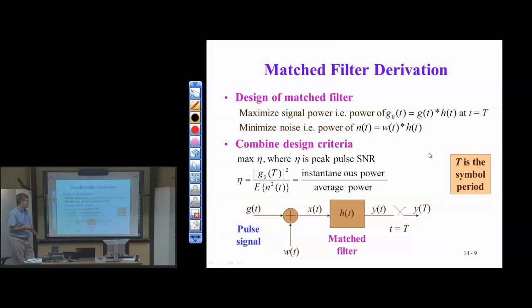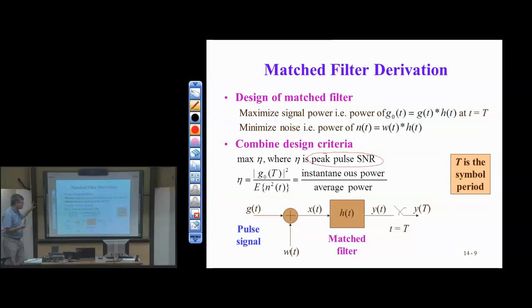And there are many choices here. The particular type of SNR we're going to go after does the following. We're going to combine these two design criteria to come up with a single SNR measurement. It's called peak pulse SNR, and honestly I forgot why it's called that offhand.